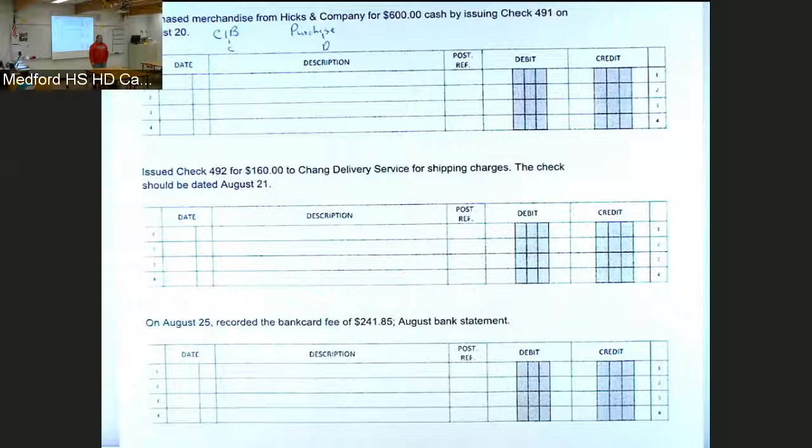The accounting equation, right? If you look at that accounting equation that I gave you, or that you should have filled in, it says in there that the purchases account is what type of account? Not just an owner's equity account, but specifically what classification? Cost of merchandise. Purchases is a cost of merchandise account.